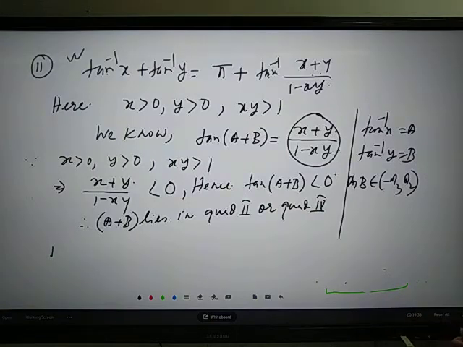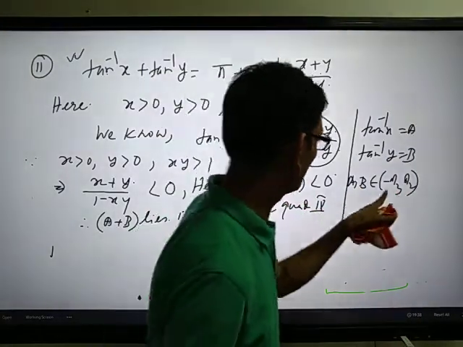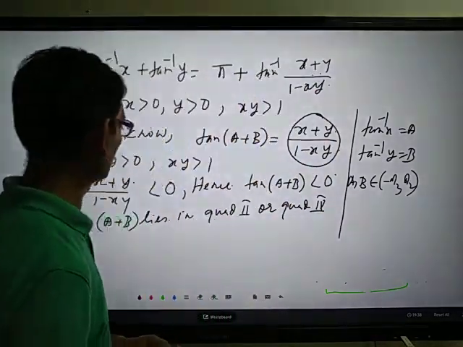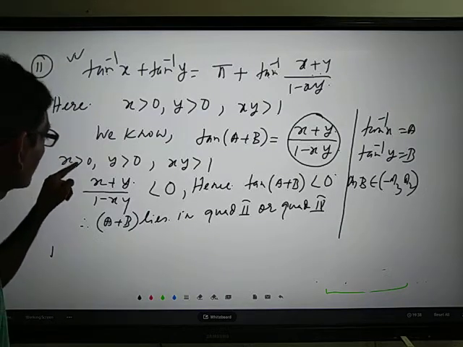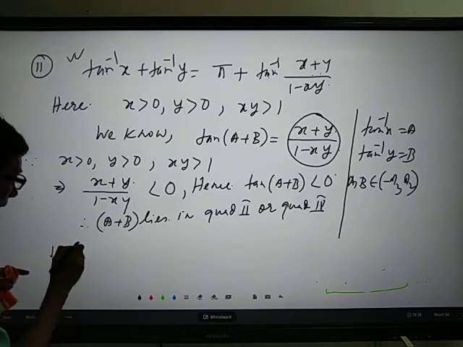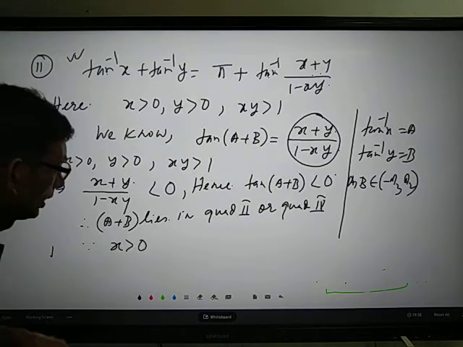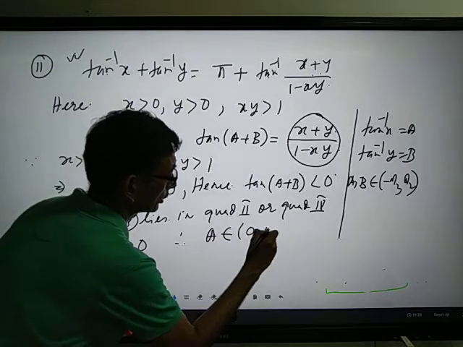Now the most interesting fact here is that we need to decide where a plus b actually lies based on the values of a and b. So let's see where a and b lie. Here x is greater than 0 and y is greater than 0. Since x is greater than 0, a belongs to 0 to pi by 2.